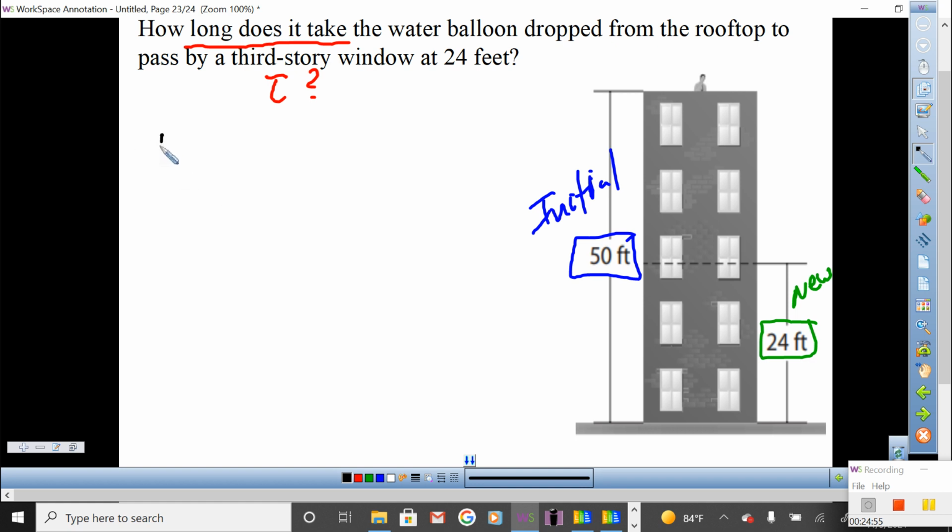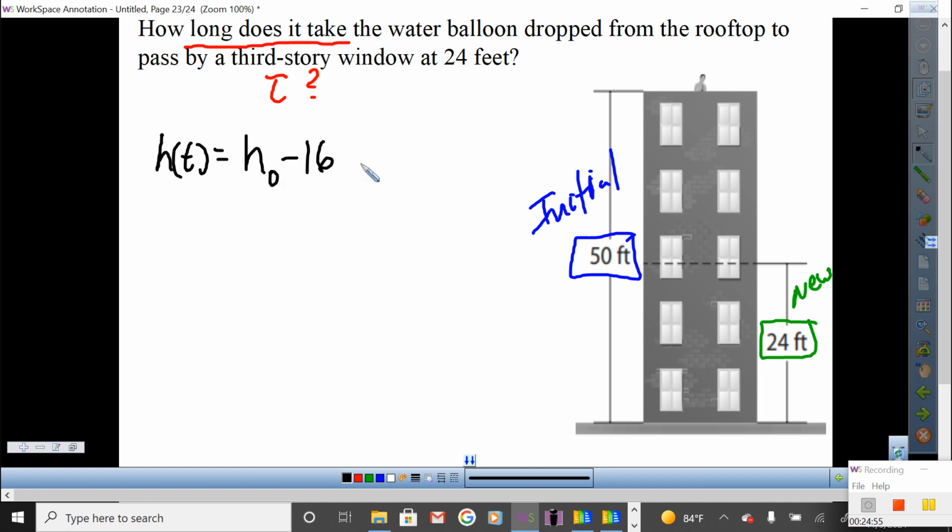So we're going to write h of t equals h sub 0 minus 16t squared. And just for the sake of colors, what do I use for t? I'm going to use red for time, because that's what we need to compute. And what does h sub 0 stand for? Initial, so I'm going to underline that in blue so I know what to substitute in there, which means that my new height is h of t. And all it is, is substitute and solve.